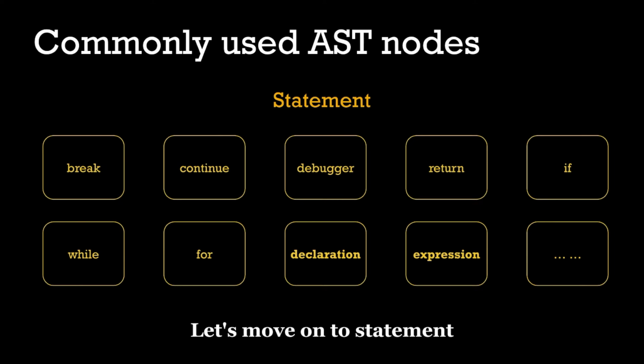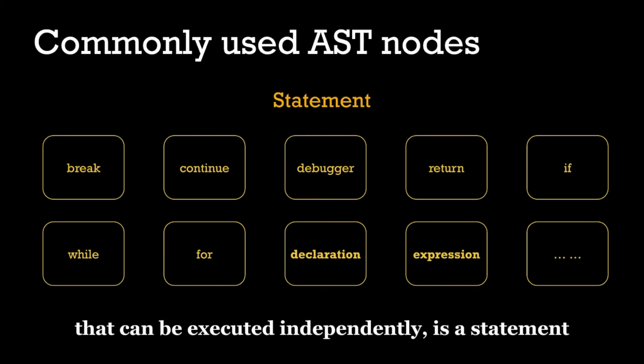Okay, let's move on to statement. A statement is a unit that can be executed independently, such as break, continue, debugger, return, if statement, while statement, for statement, declaration statement, expression statement, etc. Every piece of code we write that can be executed independently is a statement.